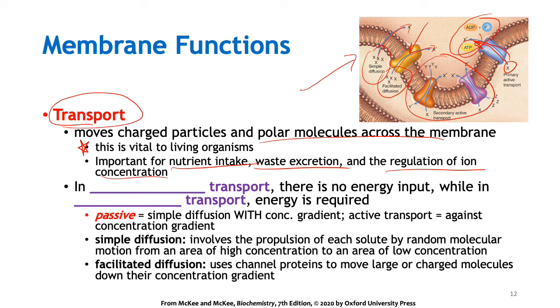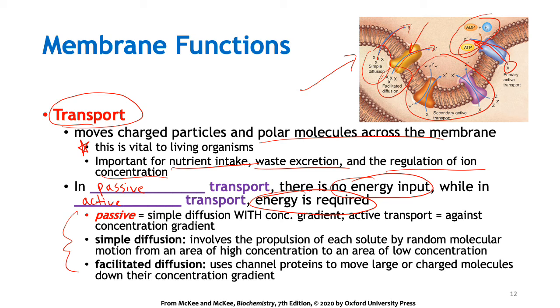So there's one type called passive transport. And what happens in passive transport is there is no energy input. Things just go down their concentration gradient. And then there's also something called active transport, which requires ATP because you're going against your concentration gradient. And I explained that right there. There's two types of passive transport.